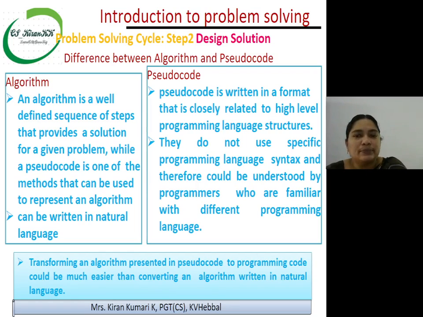They do not use specific programming language syntax, therefore they can be understood by programmers who are familiar with different programming languages. So transforming an algorithm presented in pseudocode to programming code is much easier than converting an algorithm written in natural language. That is the reason whenever we write an algorithm, we prefer to write it in pseudocode.